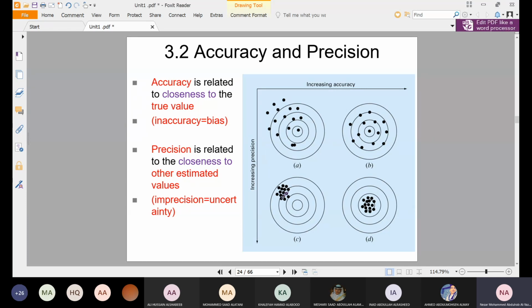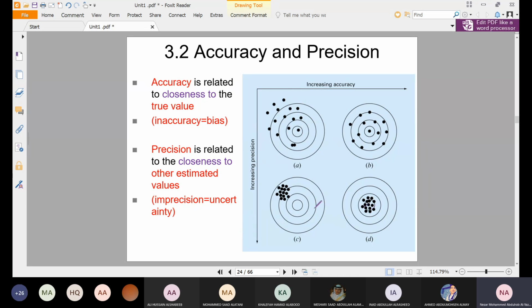Okay, the other important things for us are accuracy and precision. Accuracy is related to how close to the true value we are, and accuracy is very important: how accurate your shot is, or how accurate your result is.